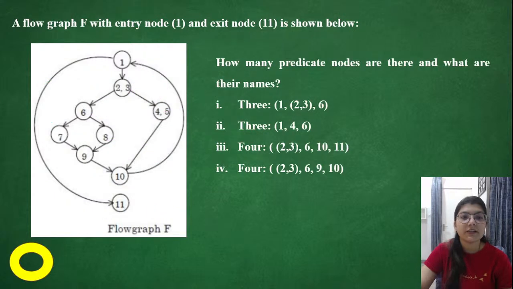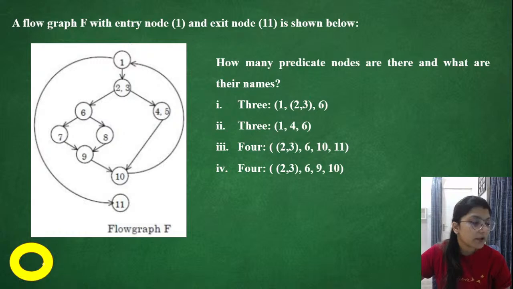Next question is how many predicate nodes are there and what are their names? So what are predicate nodes?